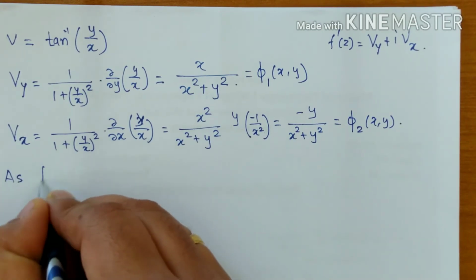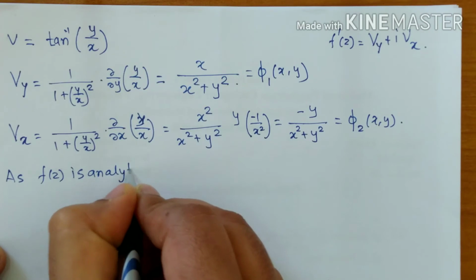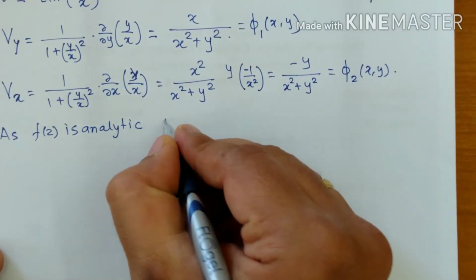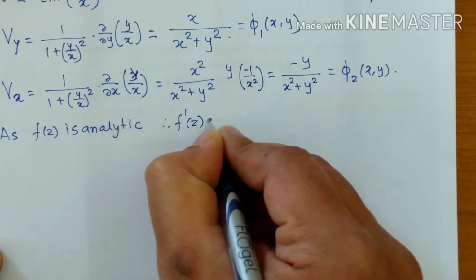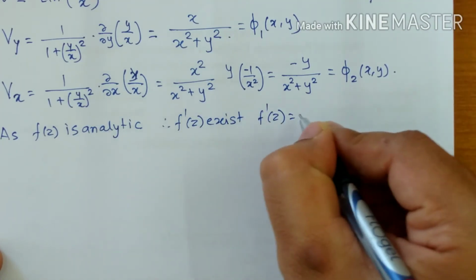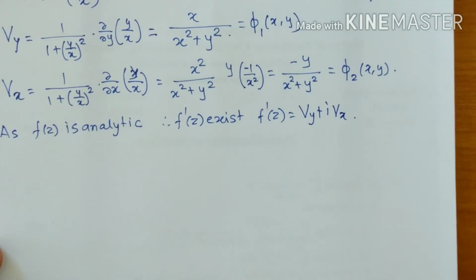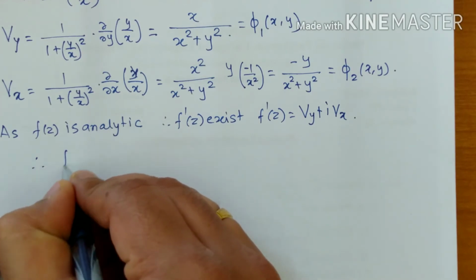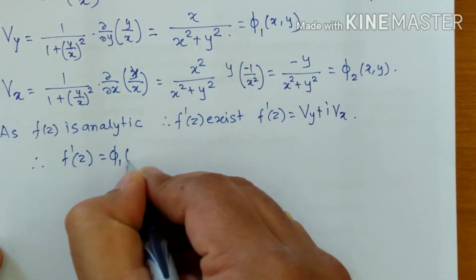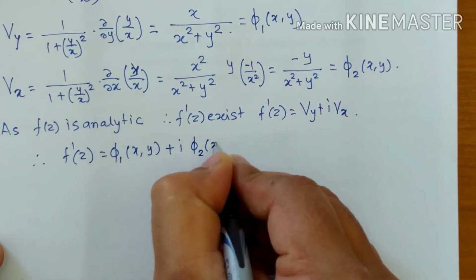As the function f of z is analytic, therefore f dash of z exists, and f dash of z is given by vy plus I times vx. Therefore f dash of z is also written as phi 1 of x comma y plus I times phi 2 of x comma y.